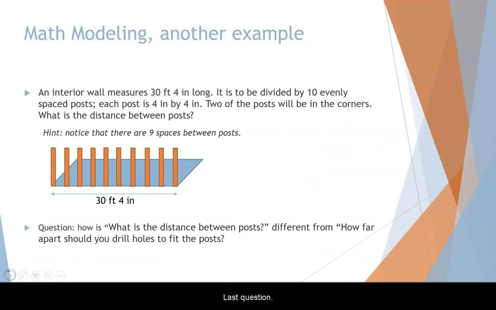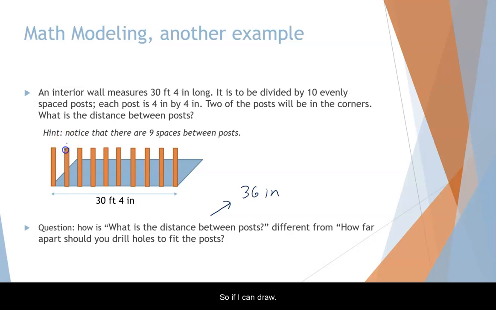One last question. We answered, what's the distance between posts, which is 36 inches. But how is this question different from how far apart should you drill holes to fit the posts? Well, if we were drilling holes to fit the post, I'm assuming the holes should be in the center.